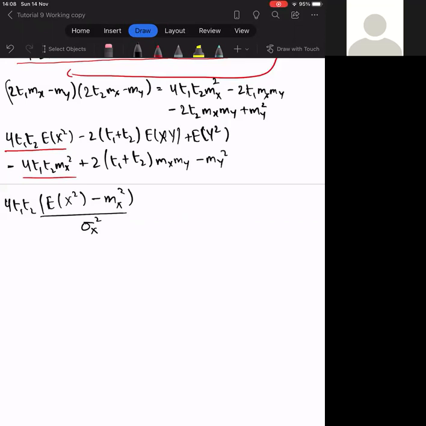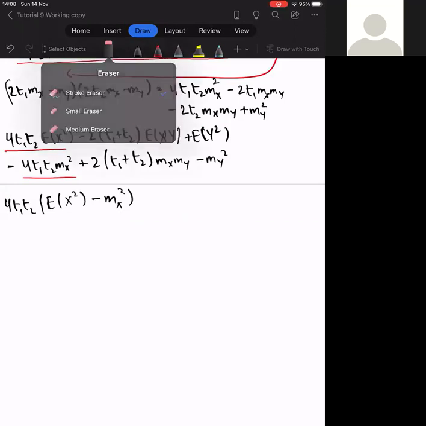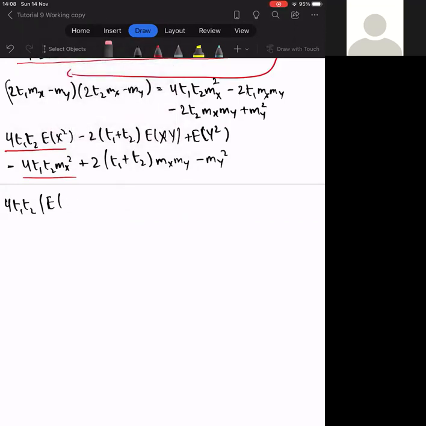Okay. So I'm just going to write sigma x squared instead of this. Similarly, if we look at the last two terms, that is plus sigma y squared.